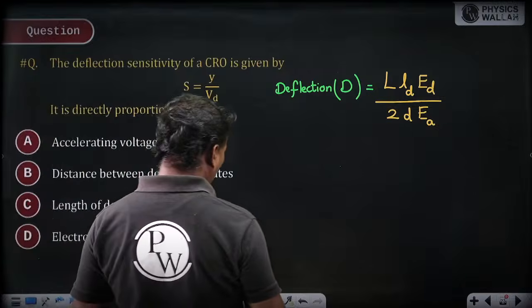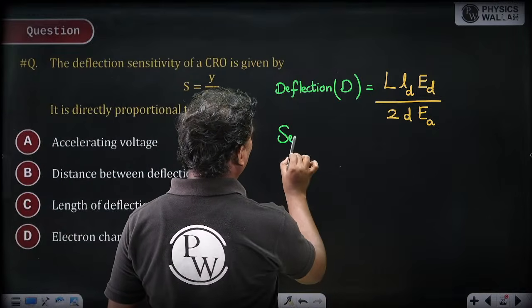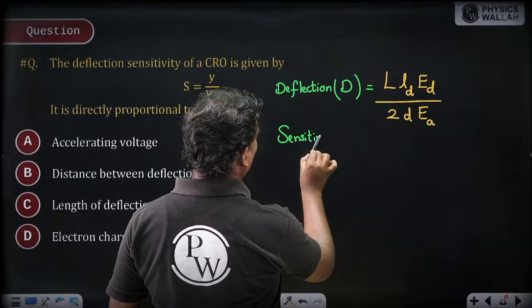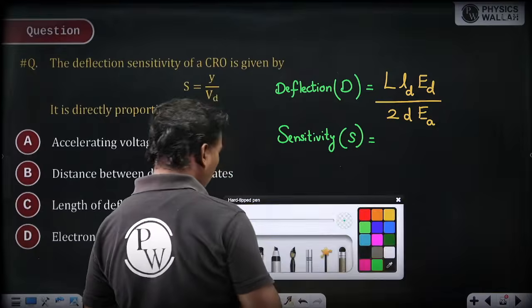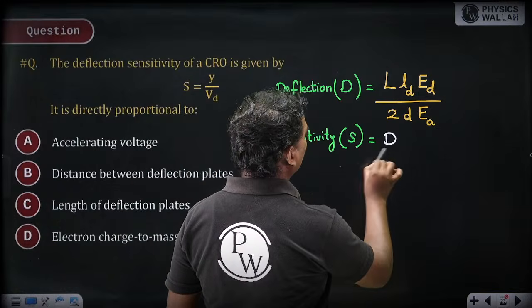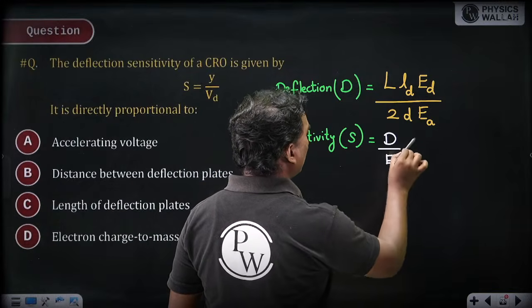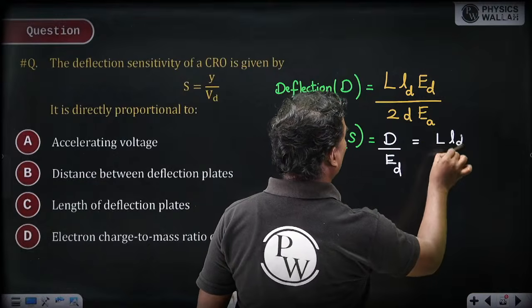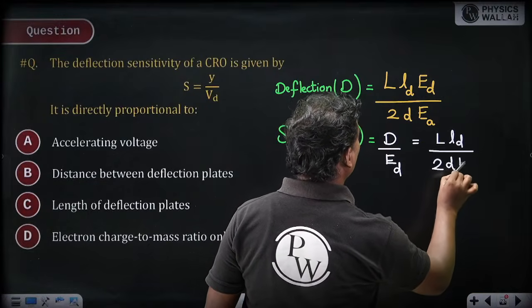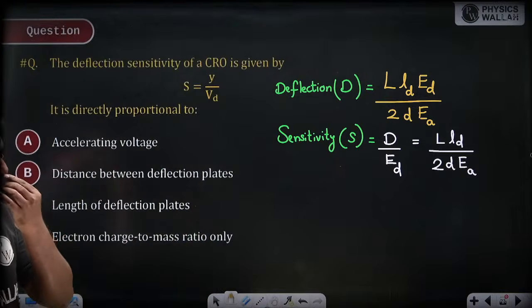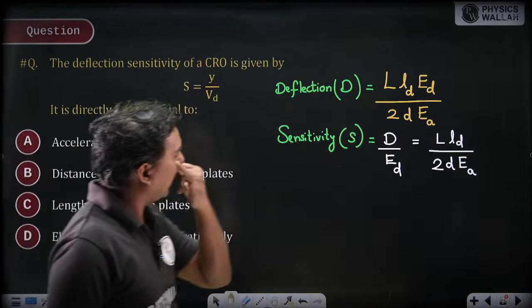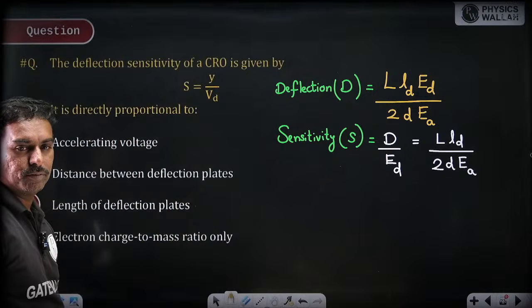So deflection sensitivity is S, that is output by input, that is D by Ed. So that will become L l D by 2 d Ea. Got it?